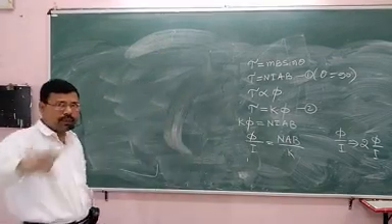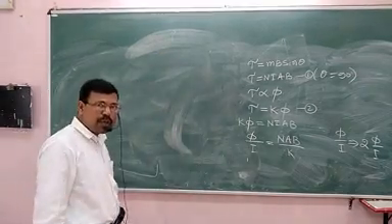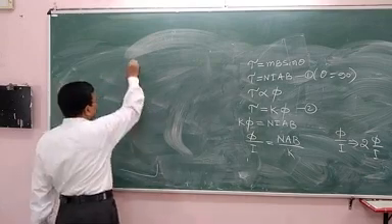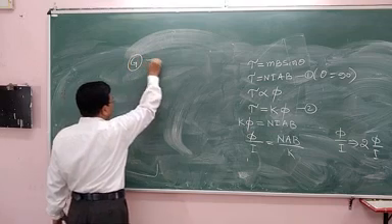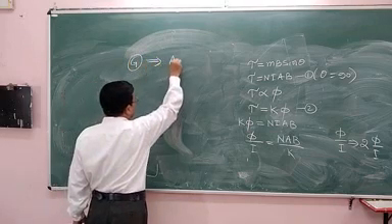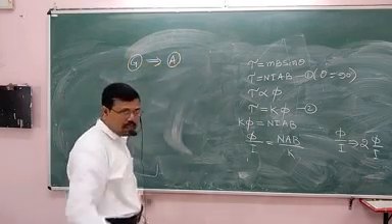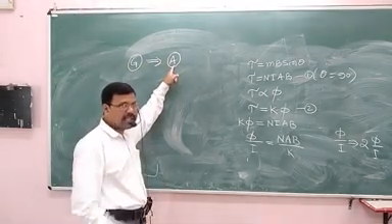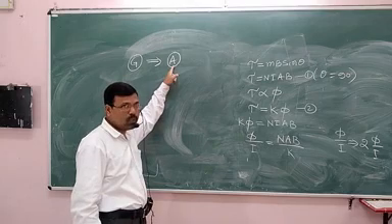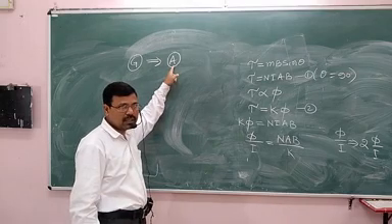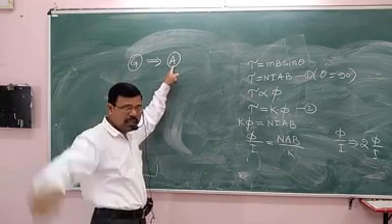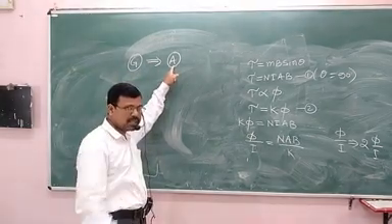Now the topic is conversion of galvanometer to ammeter. What is an ammeter? A device used to measure current. It's always connected in series with a circuit, because in a series connection, the current at every point will be the same.